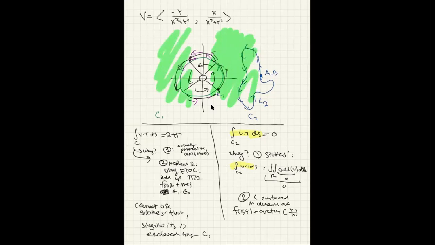So thus, I'm just about done. So thus, by the fundamental theorem of calculus, the work integral over C v dot t ds will then be equal to f of A minus f of B, or f of B minus f of A. But those are the same number, so that's 0. So basically, yeah, this vector field is conservative on that side.